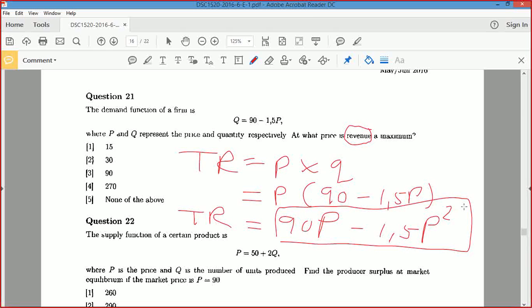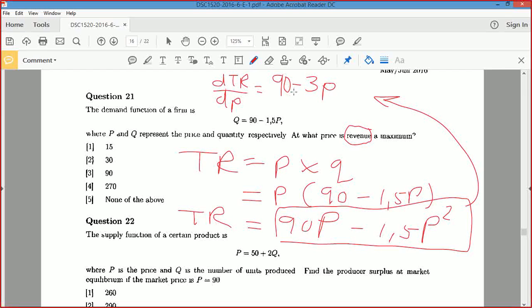It's going to be 90 minus 2 times 1.5, am I right? So 90 minus 3p. Okay, 2 times 1.5 is 3. Oh, hold on, I wrote 9.